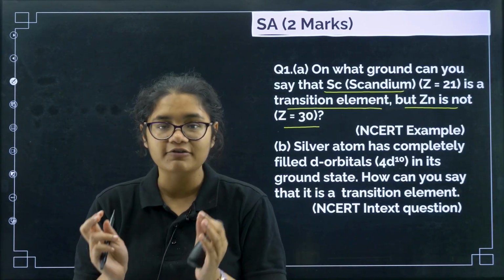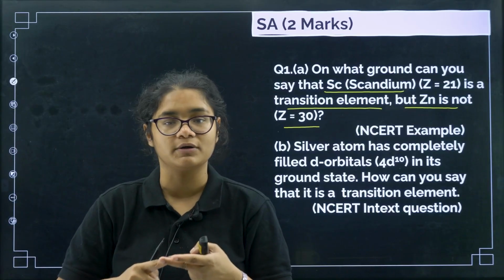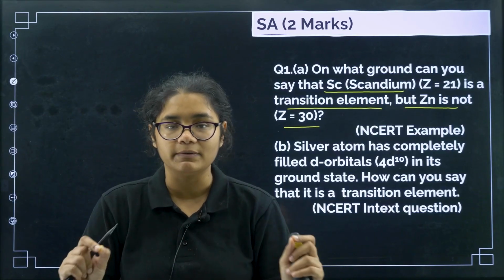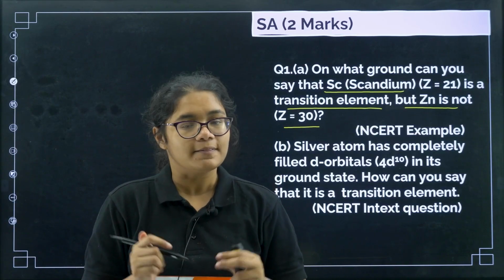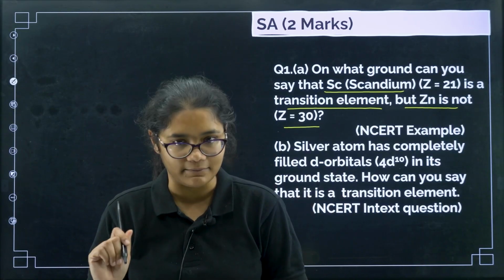If they do not have partially filled d orbitals in either, then they will not be called transition elements. They are definitely d block elements, but they are not transition elements.